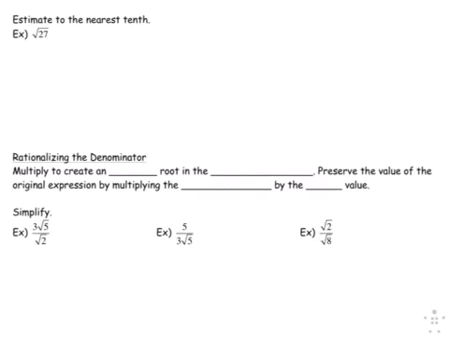So let me sandwich the square root of 27 between two perfect squares. So I'll do square root of 25 and 36. Notice 25 is only 2 away from 27, and 27 is 9 away from 36.